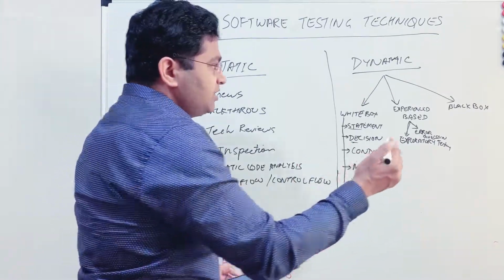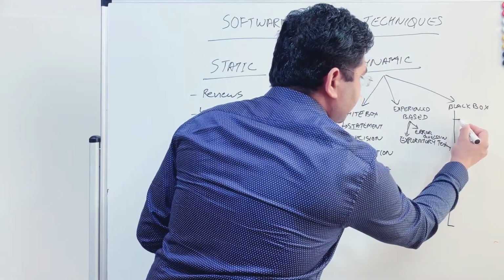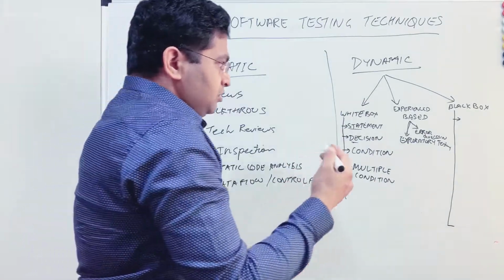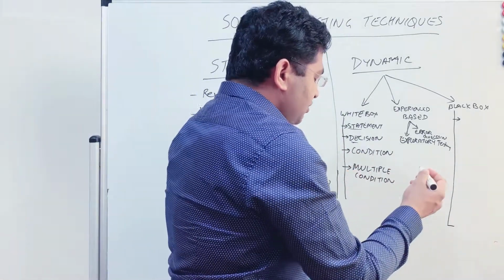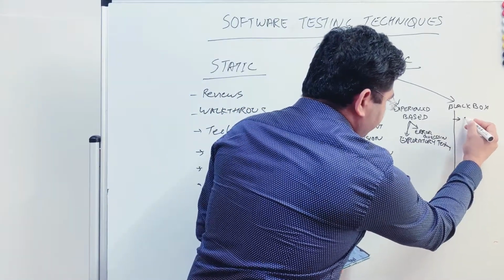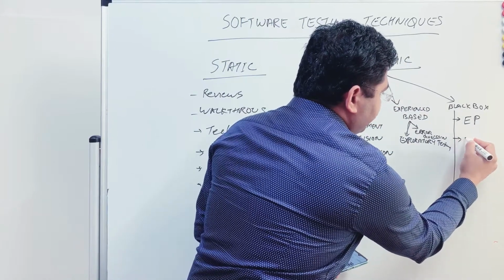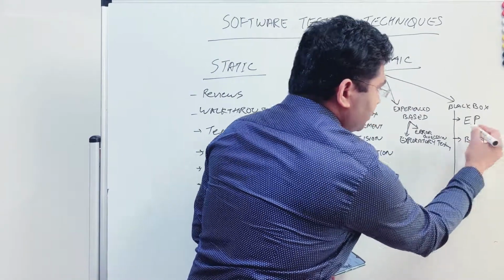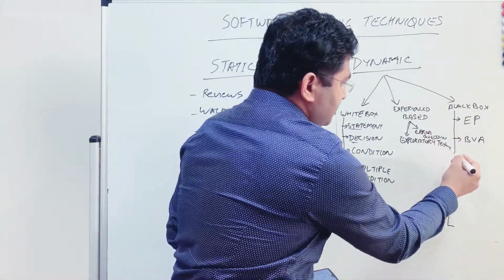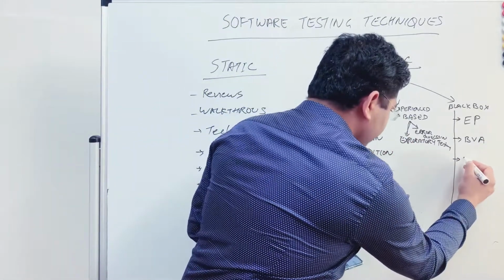Okay, now the black box techniques are very, very important, and we'll be covering these in a lot more detail. The black box testing techniques are basically equivalence partitioning, which we can call EP, and boundary value analysis. You would have heard about these words. We'll explain all these concepts with examples.